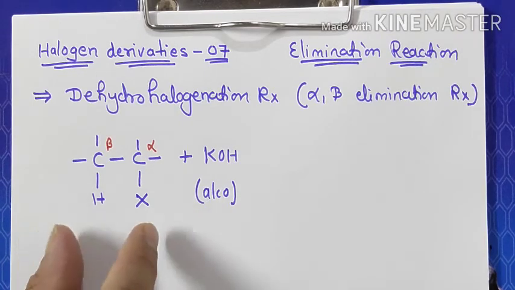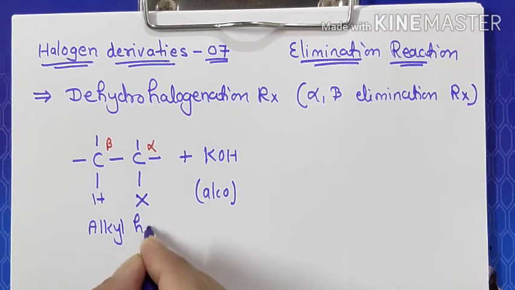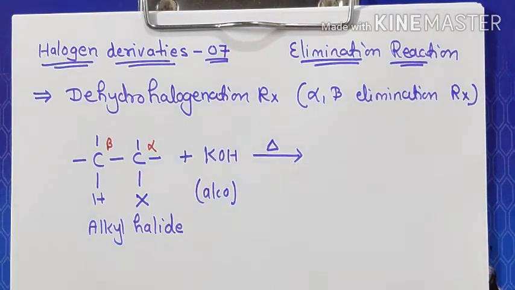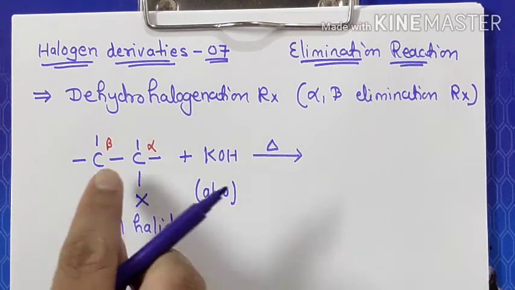Okay, so I take some alkyl halide. This is nothing but alkyl halide. This alkyl halide is treated with alcoholic KOH. Now what will happen? How will the product form?